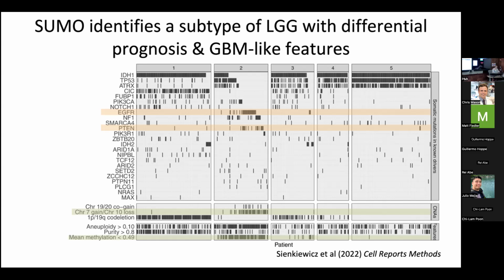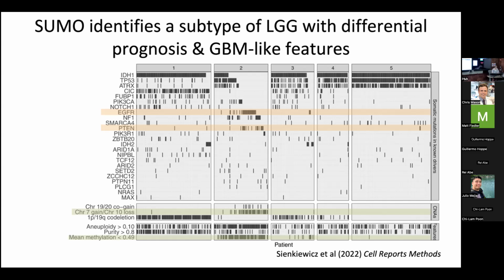Then PTEN is a known tumor suppressor on chromosome 10, so we have a loss of a tumor suppressor. Generally, these tumors develop much faster, and even though you wouldn't see it in histopathology, you should probably test patients for it and give them a more aggressive course of treatment to make their chances better.